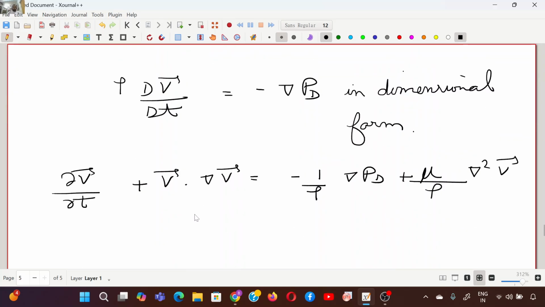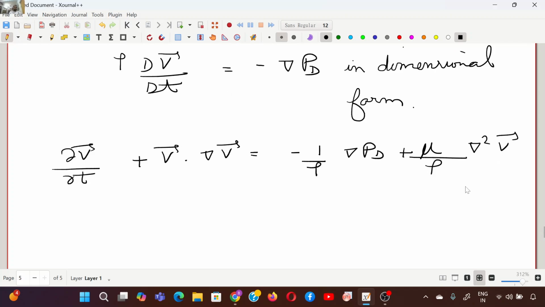So to go from here to here, you just have to put mu is equal to 0.